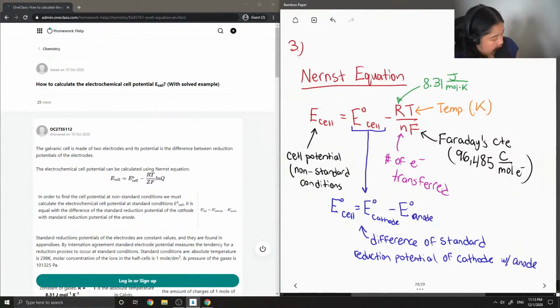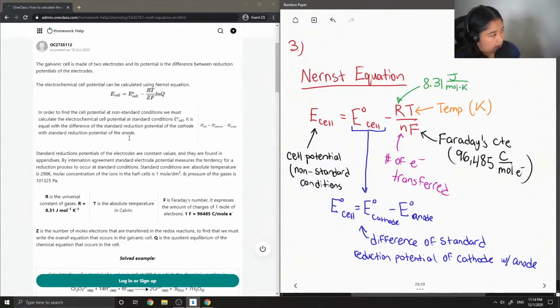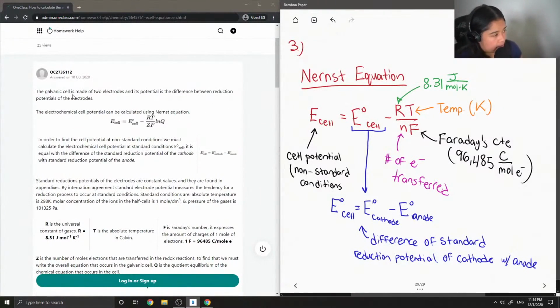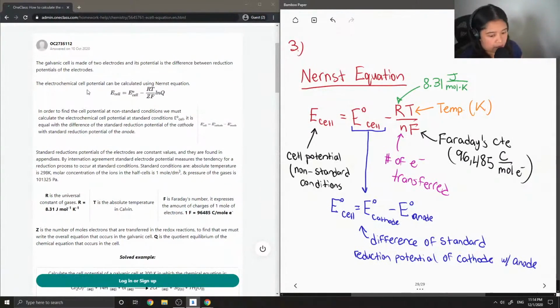Okay, so let's see what the junior tutor said, because I believe they have a solved example. So the galvanic cell is made of 2 electrodes, and its potential is the difference between the reduction potential of the electrodes. The electrochemical cell potential can be calculated using the Nernst equation.